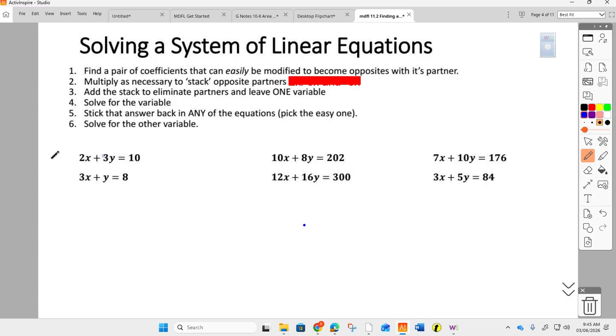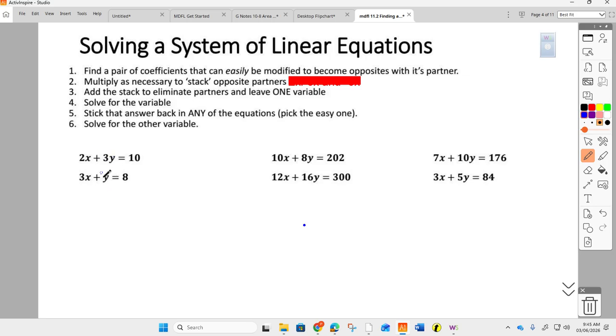So let's look at this first example. 2x and 3x. I can't just multiply one by negative 1 and add. They're two positives. And that's okay. We could do that, but we'd have to multiply both equations by a number. That's okay. Sometimes we're going to have to do that. But I do see 3y and y.